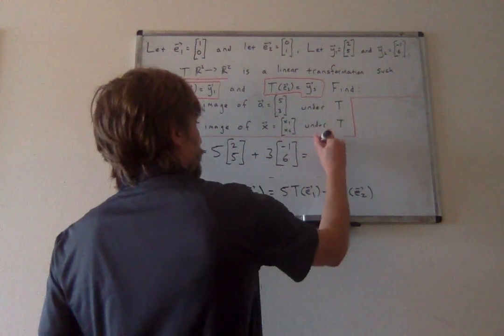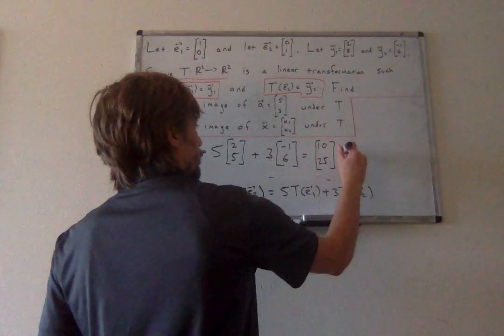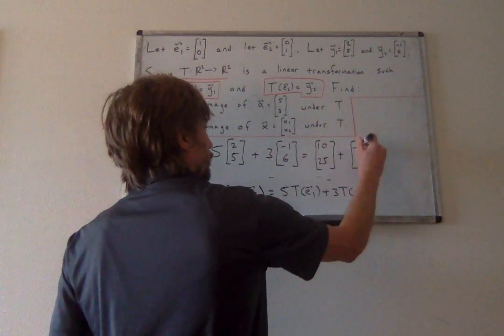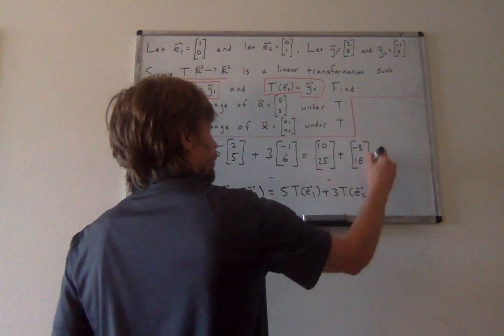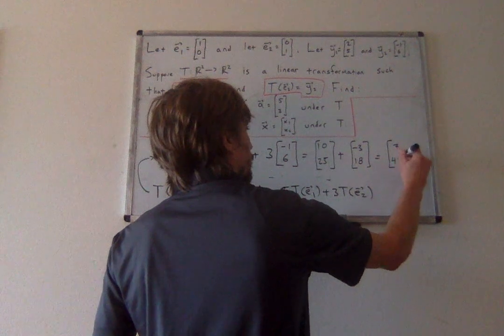And so T(a) is equal to the vector (10, 25) plus (-3, 18), which is the vector (7, 43).